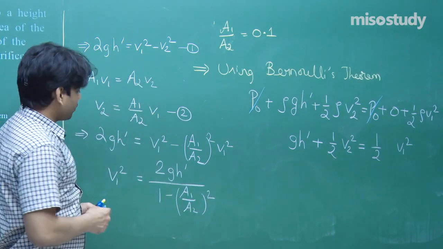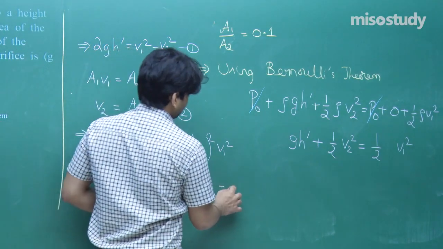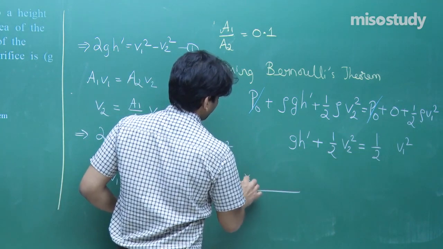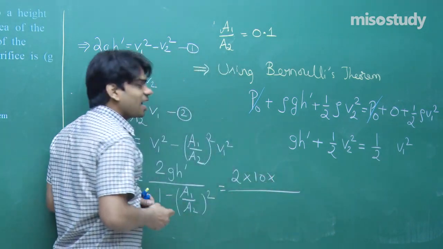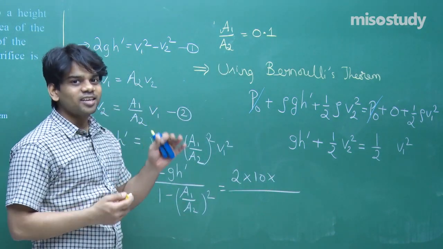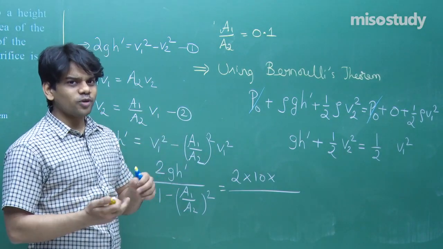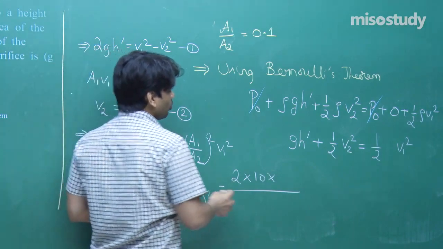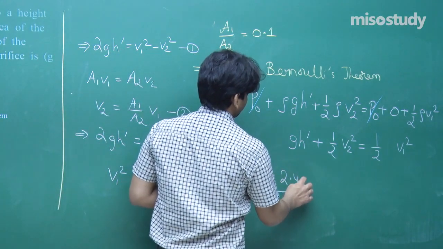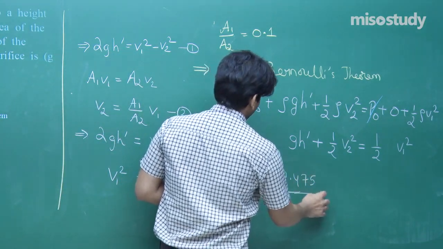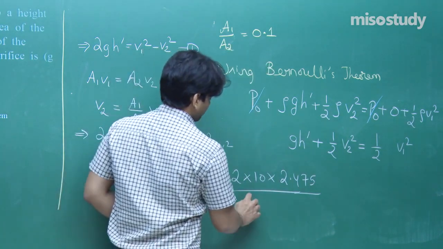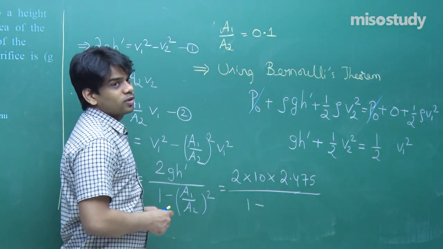I believe that's clear to everyone. Now 2g h dash: 2 into 10, h dash is 300 centimeters, you convert it into meters, so 3 meters minus 0.525, you will be getting 2.475, divided by 1 minus A1 by A2 whole square, that is 0.1 whole square.